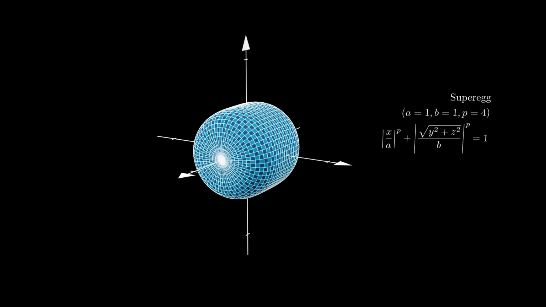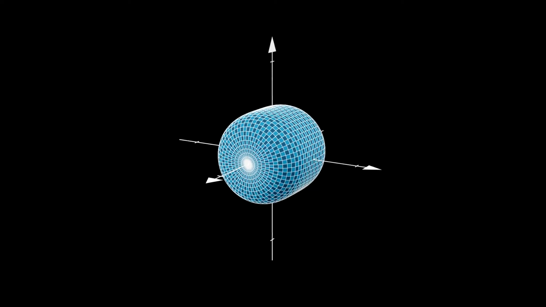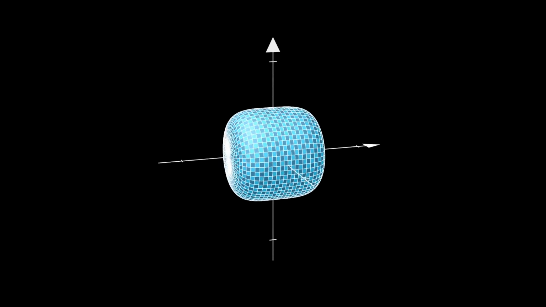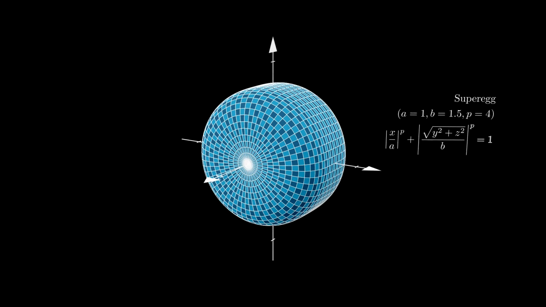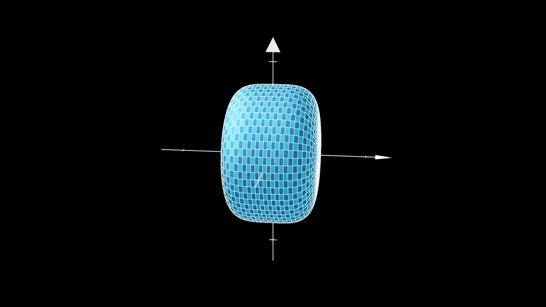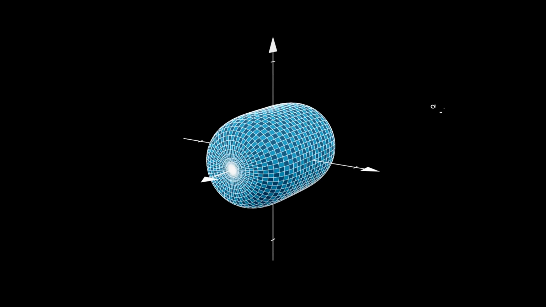It comes from revolving the hyperellipse around its x-axis. To stretch it into the yz direction, we increase b. To stretch it at its axis of revolution, we increase a.